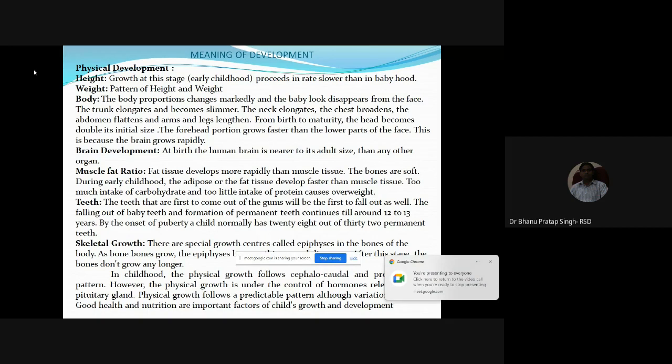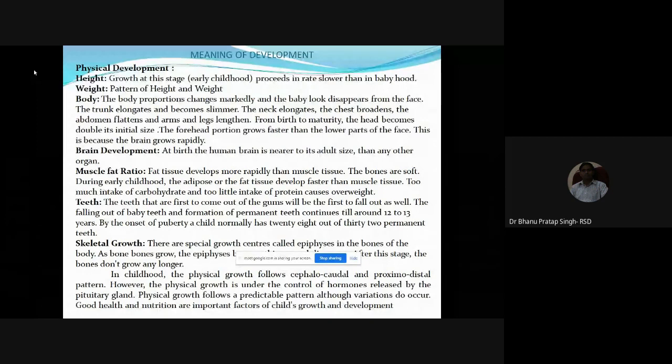So here we are discussing physical development as well as childhood. The first important factor is height.